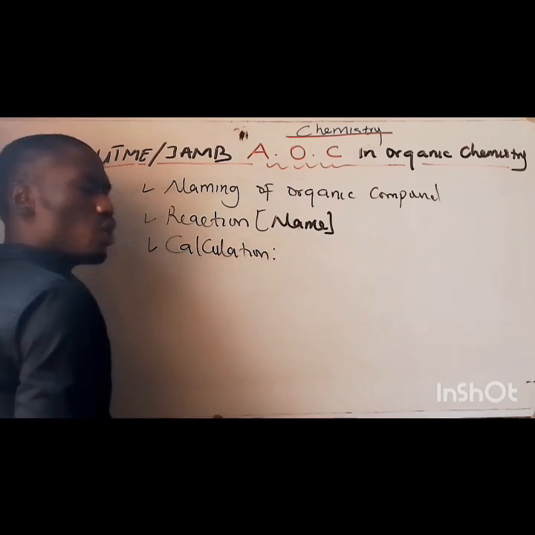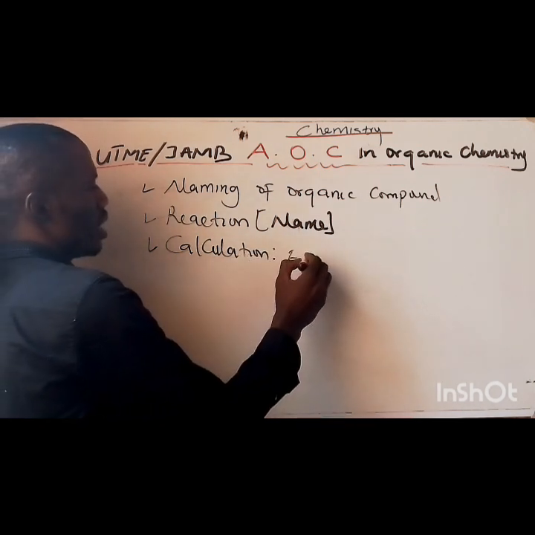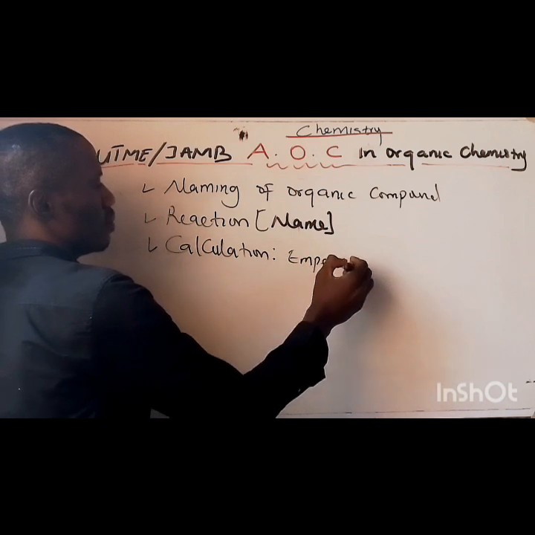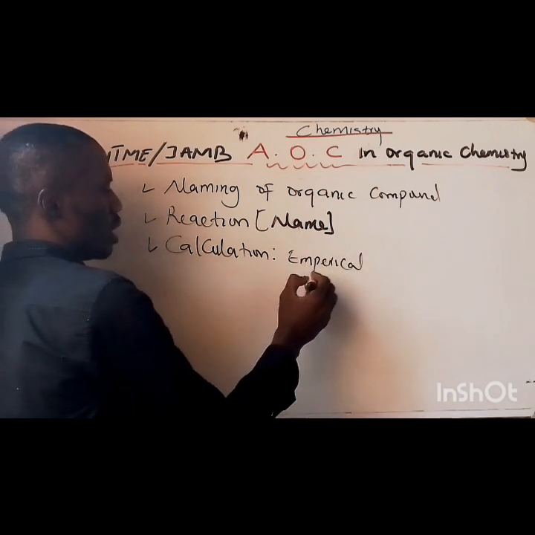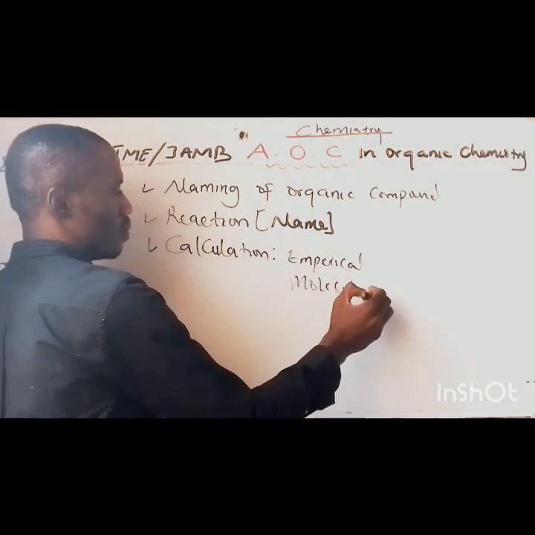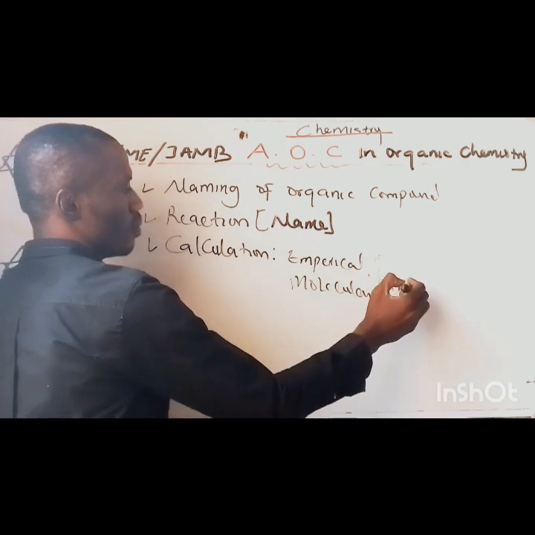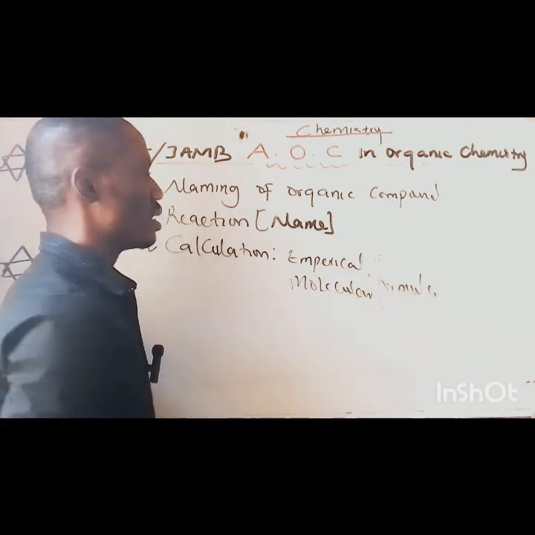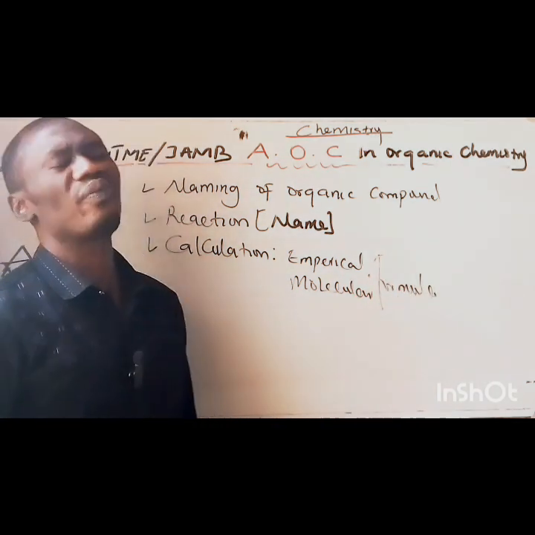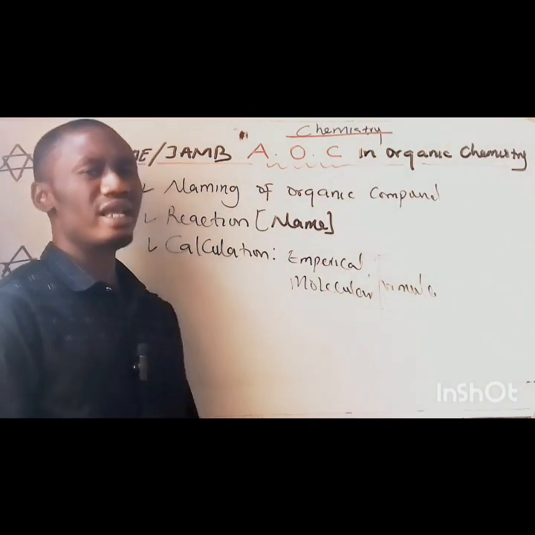Under the calculation, we'll talk about the calculation of the empirical formula and the molecular formula. So this is the aspect where the questions will come out from in organic chemistry.